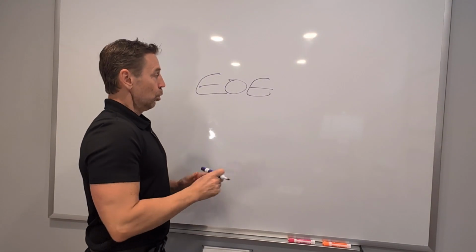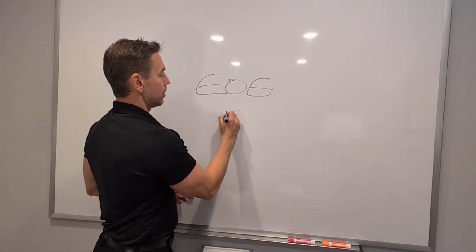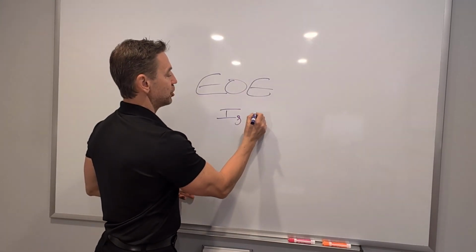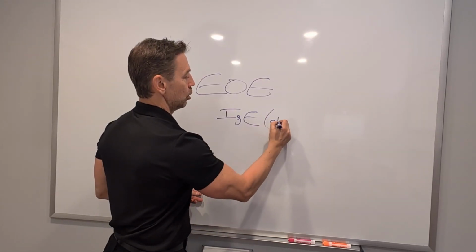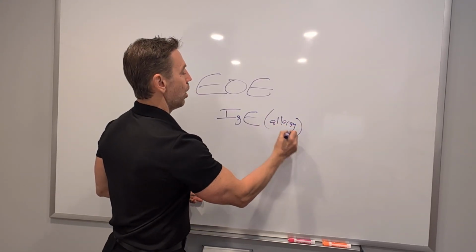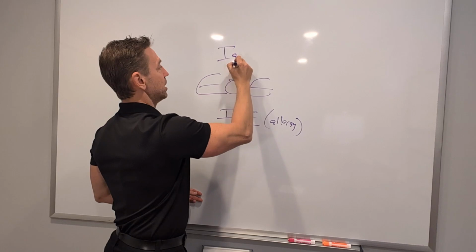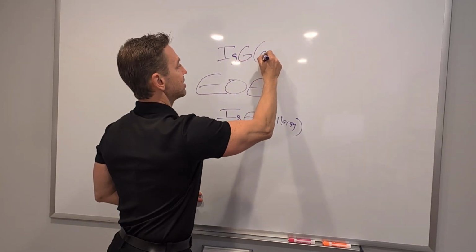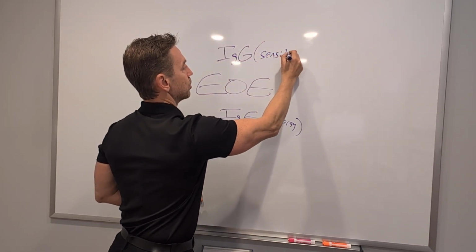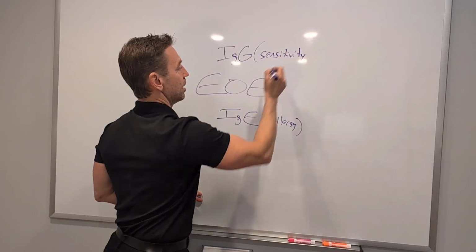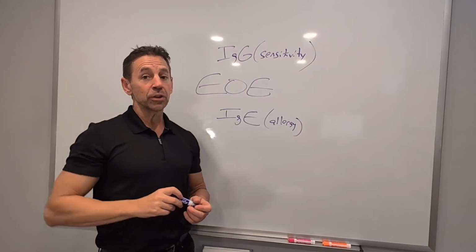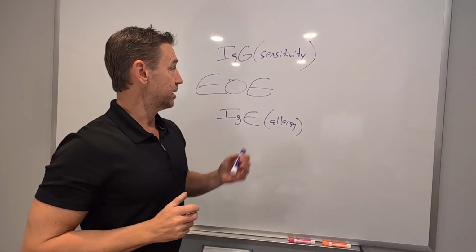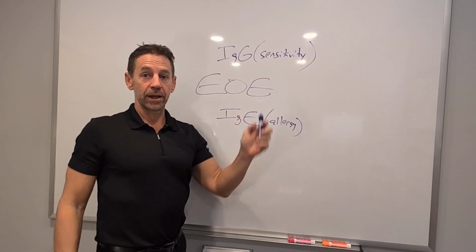Now, when we want to deal with this, we talk about this in another video as well. IgE is for allergy testing. We want to know what IgG looks like for you, sensitivity to certain foods, okay? Now, when we run this type of test, there is a cost to it. And it's not covered by insurance.